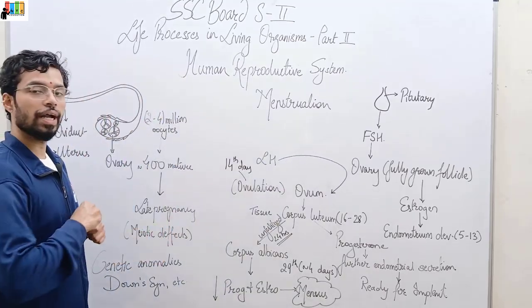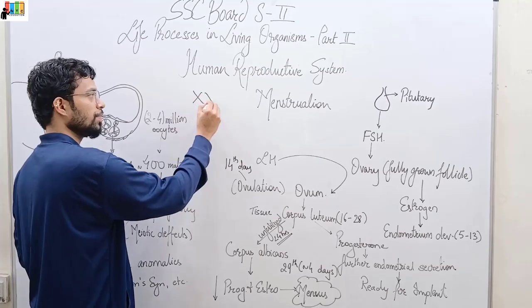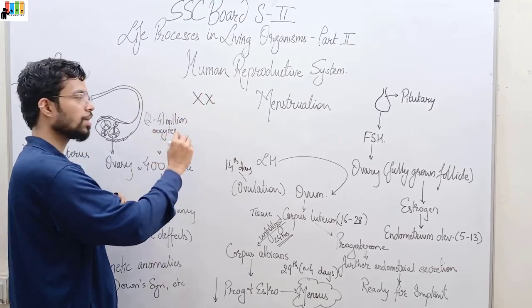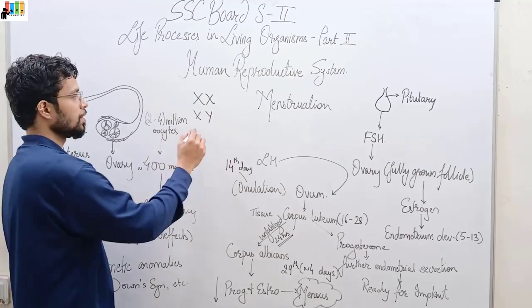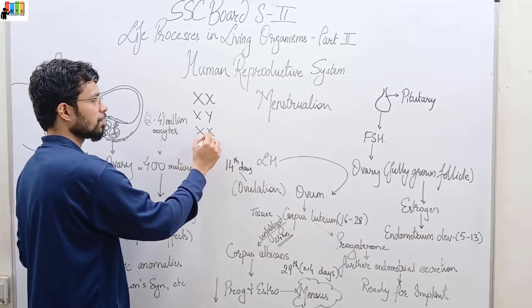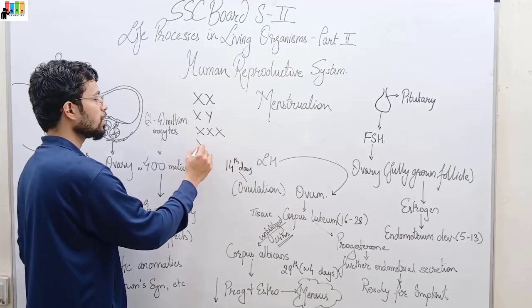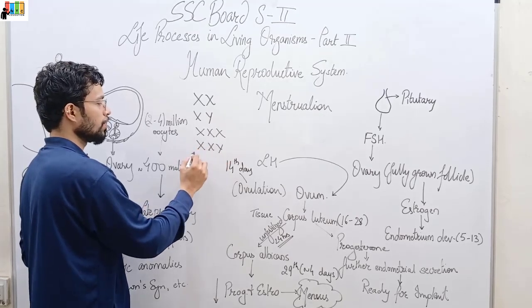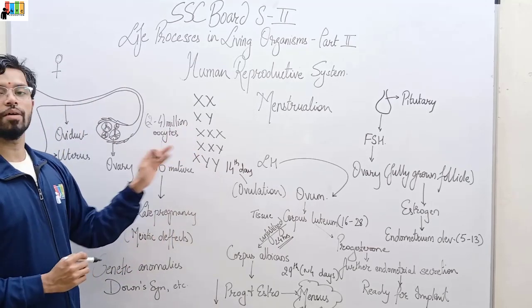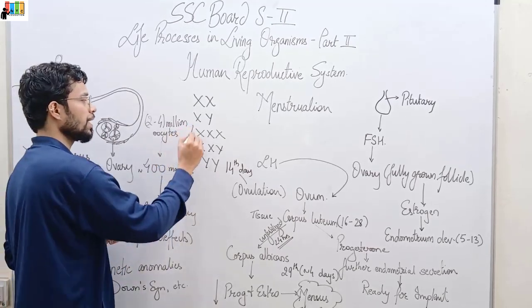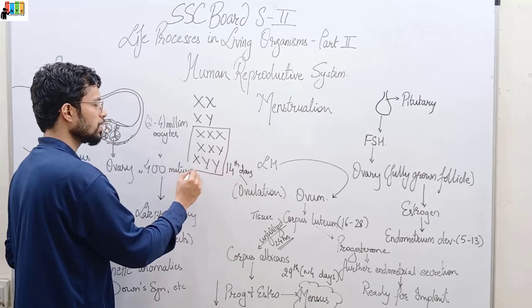So ideally, I told you XX should be a normal functional female, XY should be a male. Now you get anomalies like triple X, or XXY, or XYY. So these all three are examples of genetic anomalies, and such children are born with various syndromes.